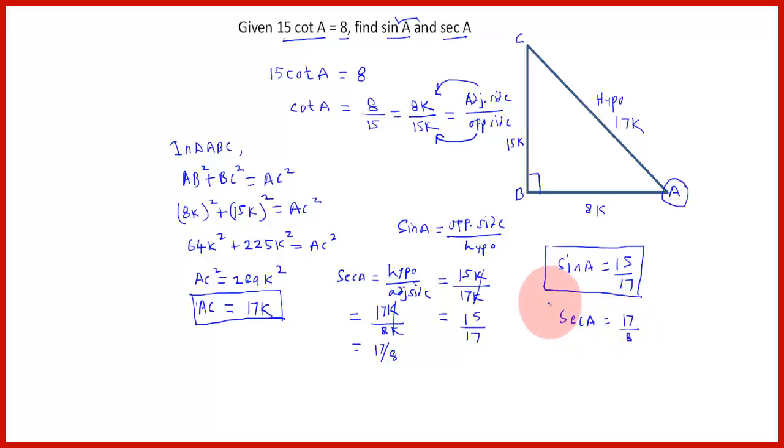Highlight this step. So here there are three important steps. First is AC is equal to 17k, second sin A is equal to 15 by 17, and third is sec A is equal to 17 by 8.